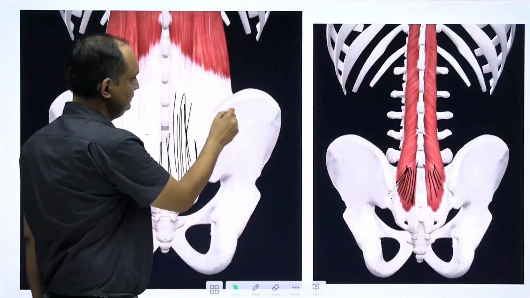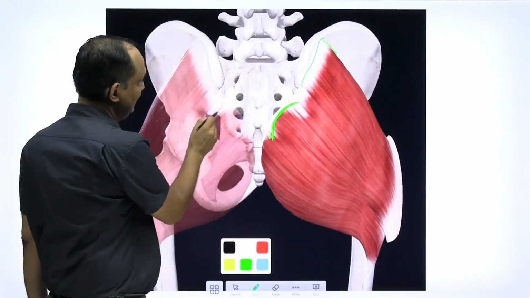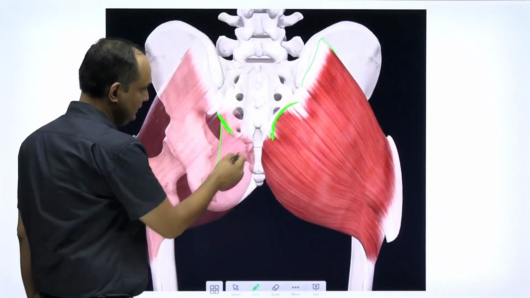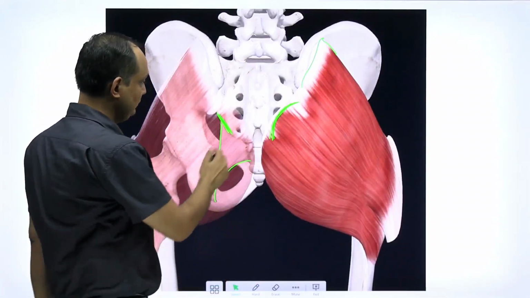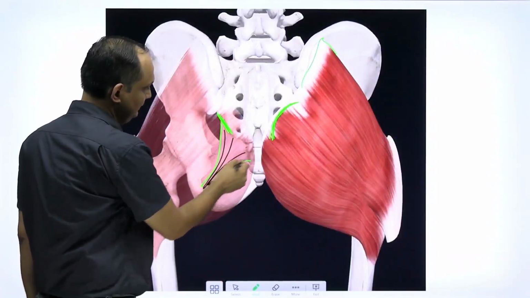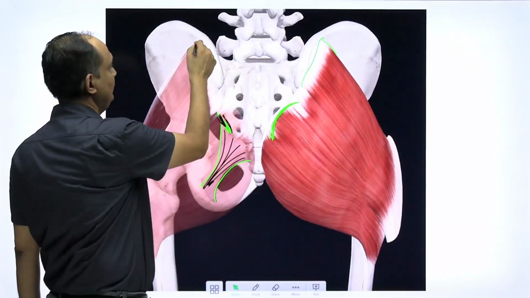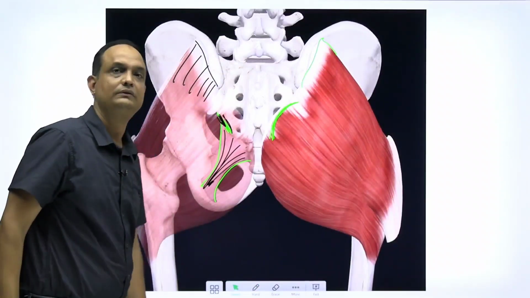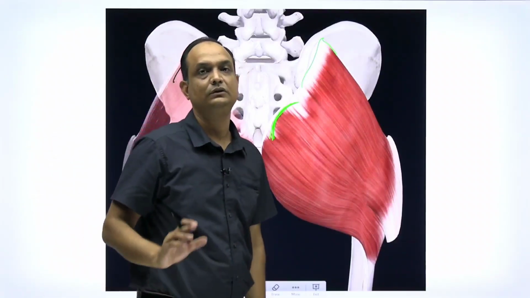Apart from that, it also takes origin from the lateral side of your sacrum, and a very important ligament visible here is the connection between the ischial tuberosity and the sacrum, known as the sacrotuberous ligament. So, the origin is from this sacrotuberous ligament, from the dorsal surface and the lateral side of the sacrum, and from the posterior-most part of the gluteal surface of the hip bone. Clear? So, these are the muscles attached on the sacrum.